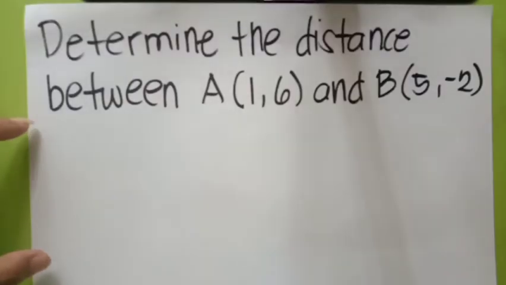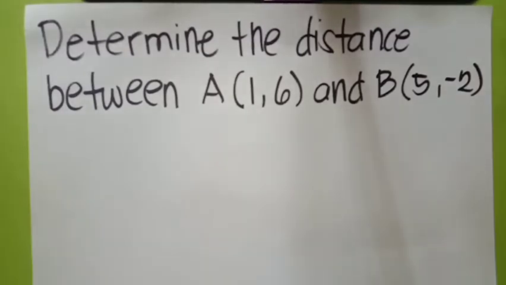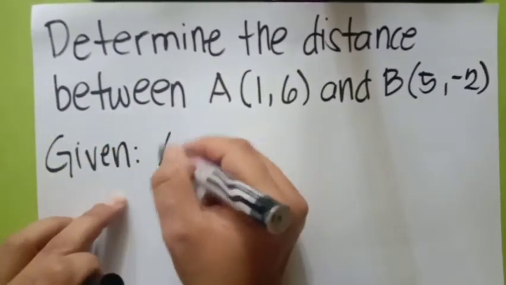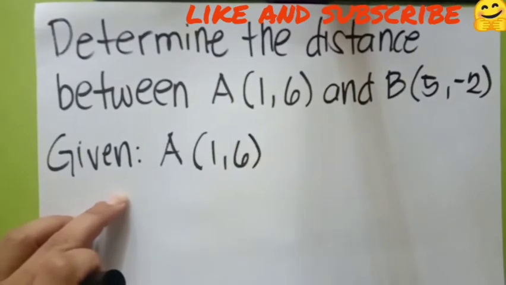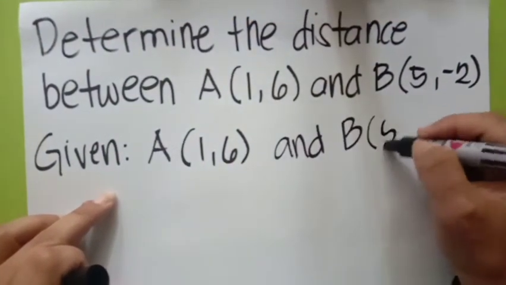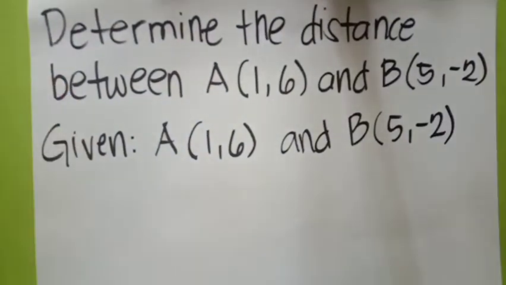Okay, so let's have another example. Determine the distance between A(1, 6) and B(5, negative 2). So, yung given ay A(1, 6) and B(5, negative 2). So, lagyan na natin ng label yung ating mga given.